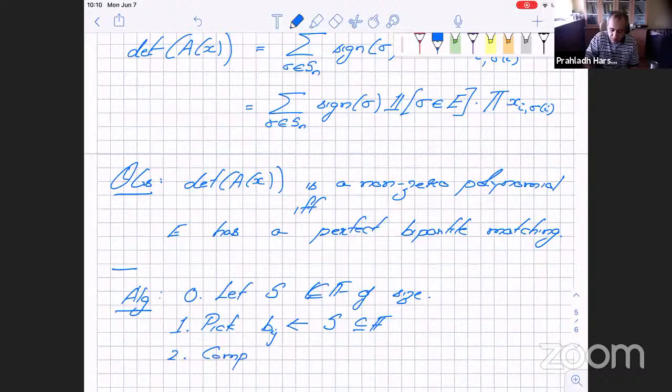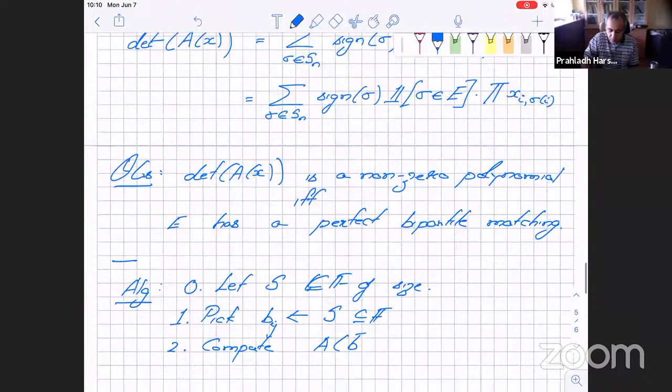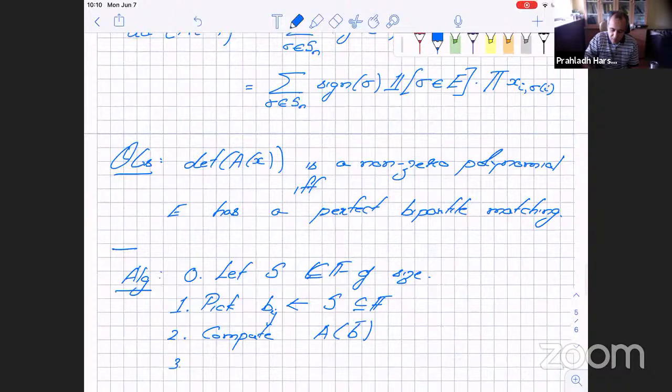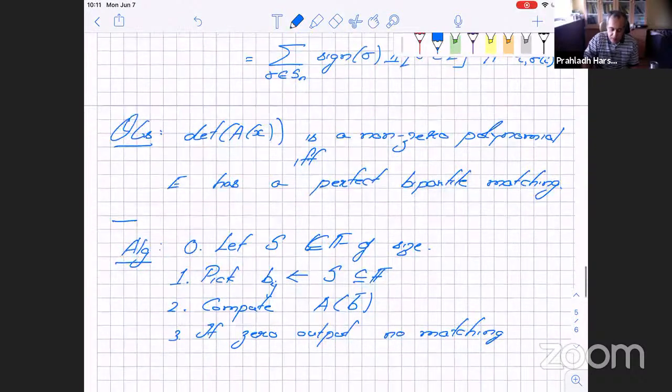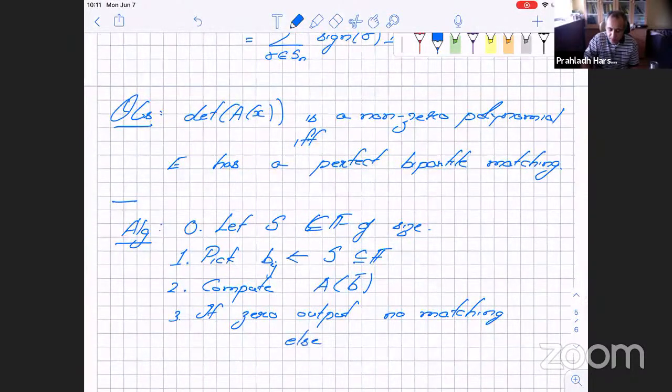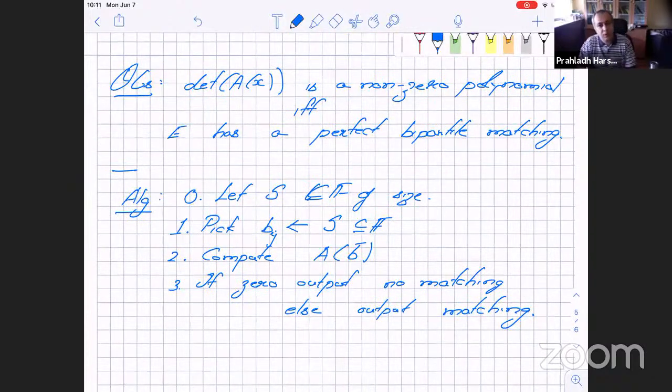Compute A(B). If it is 0, output no matching, else output matching. That's the algorithm I'm going to give you.